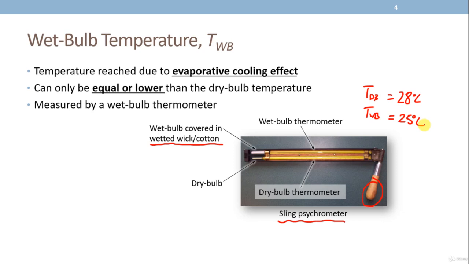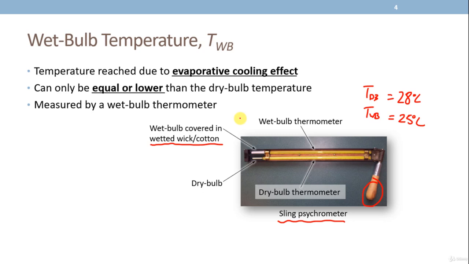But assuming there is water on the bulb, but there's no evaporation, what does that mean? It means that the air is already saturated with water, so water simply cannot evaporate anymore. In other words, the air is already at 100% humidity, which we will come to later.